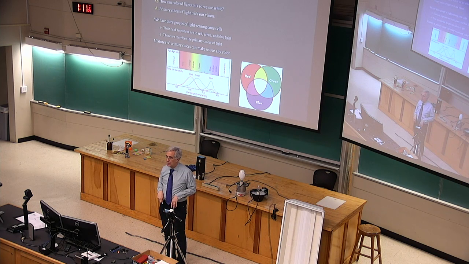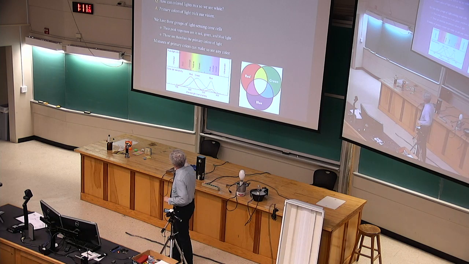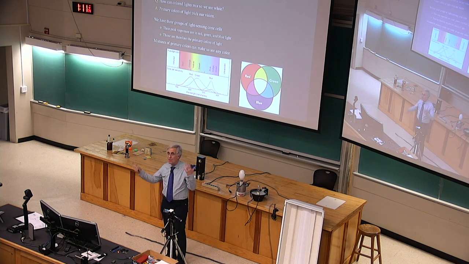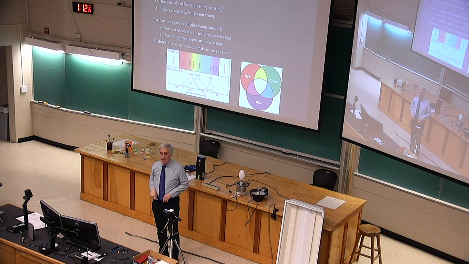Okay, we also have green sensitive cone cells that are sensitive to light sort of in this range in frequency, and we have blue sensitive cone cells that are sensitive to light in that range. And that's all we got. So how do we see all sorts of colors and the ones in between these?